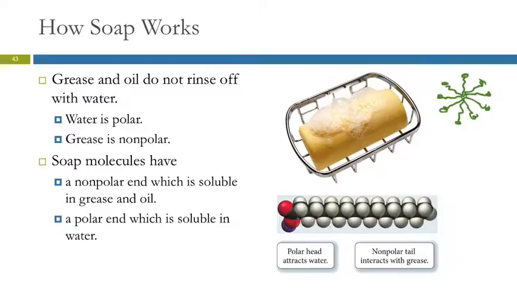Because it's got these polar heads on the outside, it's like sneaking somebody out or sneaking somebody in, and let's stand around, and so nobody will notice who's behind us. And so the little grease globs can get washed away by the water instead of just clumping together and staying on your hands. So soap.